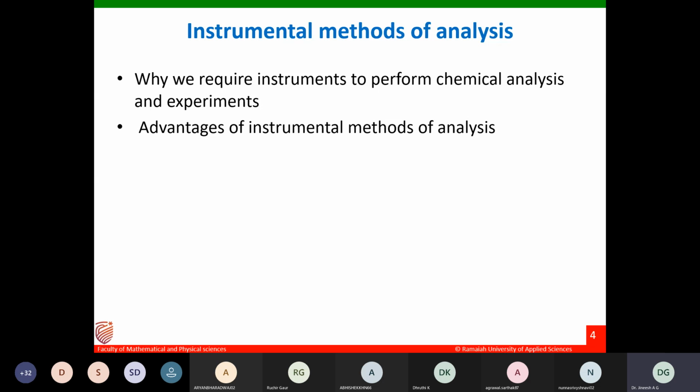If your solution is not clear, if your solution already has color, if the person doing that experiment is color blind, no issue. And the experiment will be done in 20 minutes. So now you understood the advantages of instrumental methods of analysis over conventional chemical analysis techniques. Understood? Any doubt? No, sir.